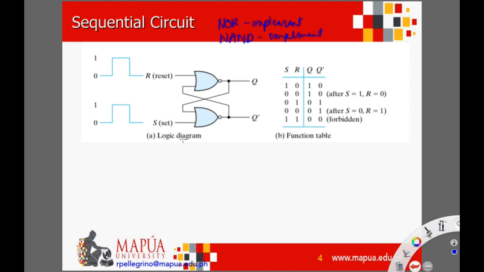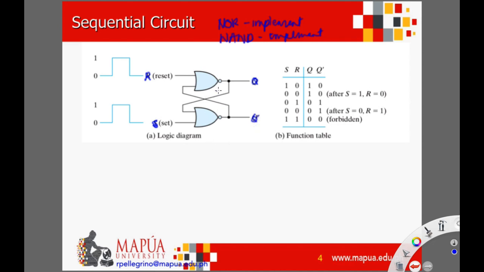As you can see, we have this circuit. We have here the R and the S as input, and whenever there's a latch, you have an output Q and its complement.